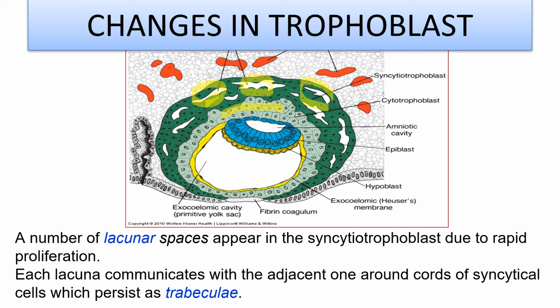These lacunae communicate with one another through cords of cells, which are called trabeculae. You can appreciate the cytotrophoblast growing in the trabeculae, in between the lacunar spaces.